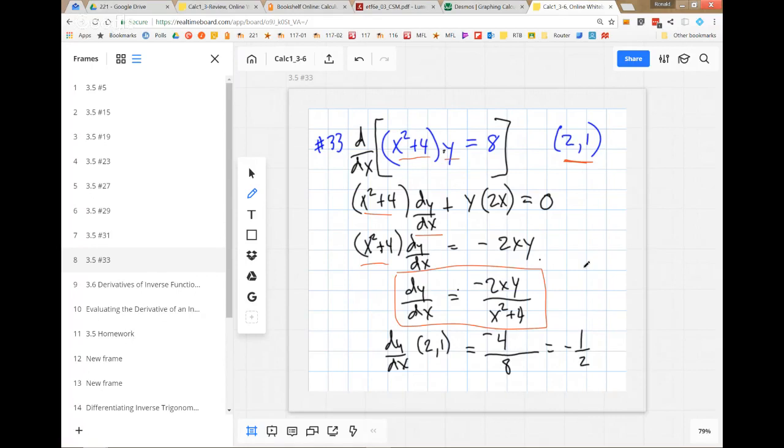I know it looks wrong because you've got y's in there, but that's the way implicit derivatives look. Now, what's this derivative at the point 2, 1? We plug in a 2 for x and a 1 for y. So that becomes negative 4 on the top, 8 on the bottom. Final answer, negative 1/2.